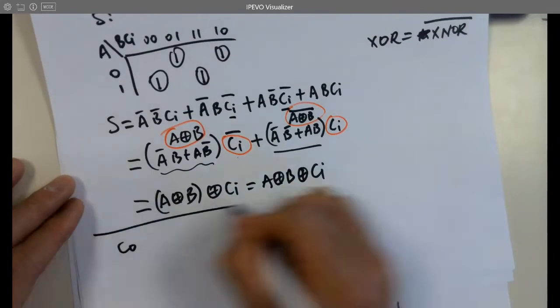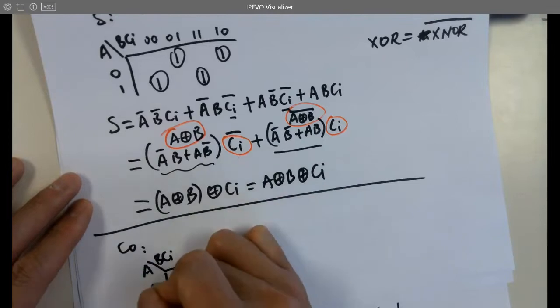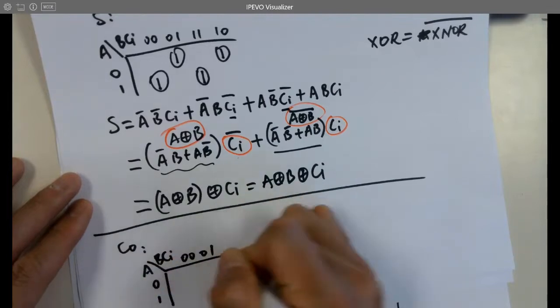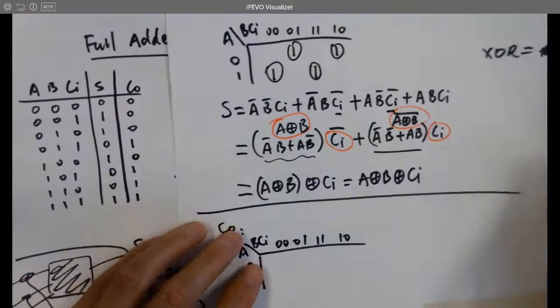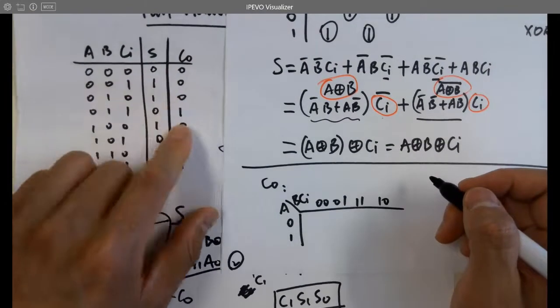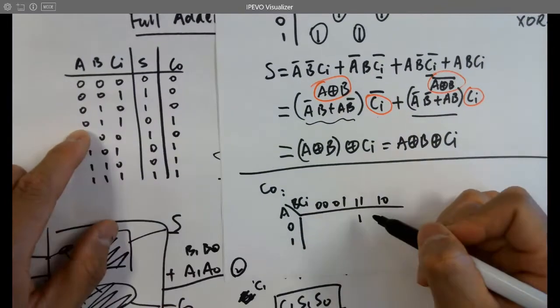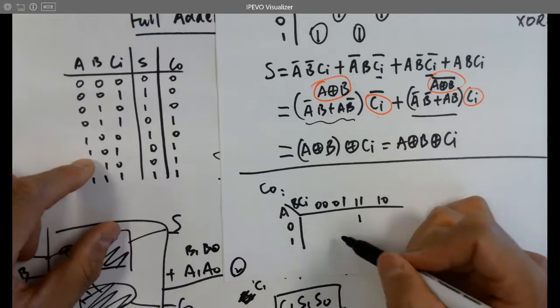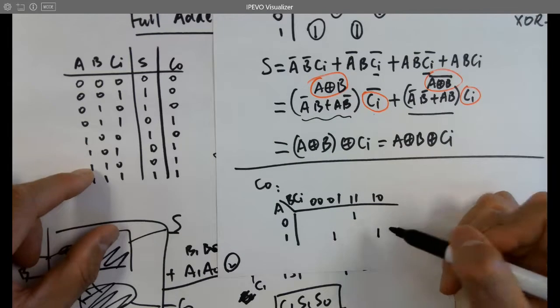Now let's look at the carry out. Look at this column. 0, 1, 1, 1, 0, 1, 1, 1, 0, 1, 1, 1.